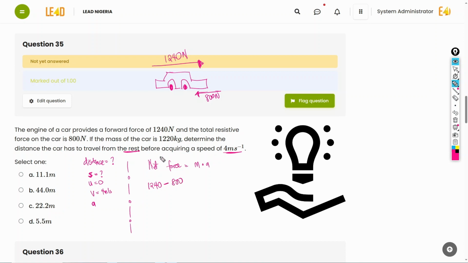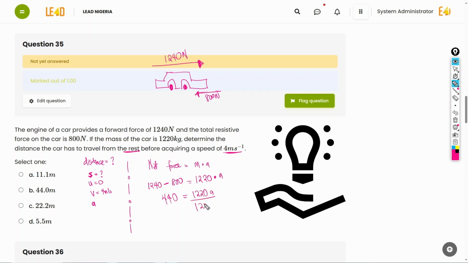Because the force is forward, 800 is backwards. So what is mass? Mass is 1,220 times A. We don't know what A is.